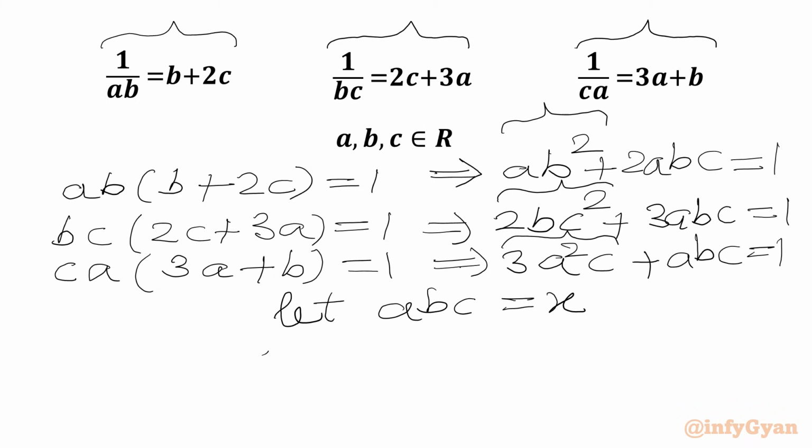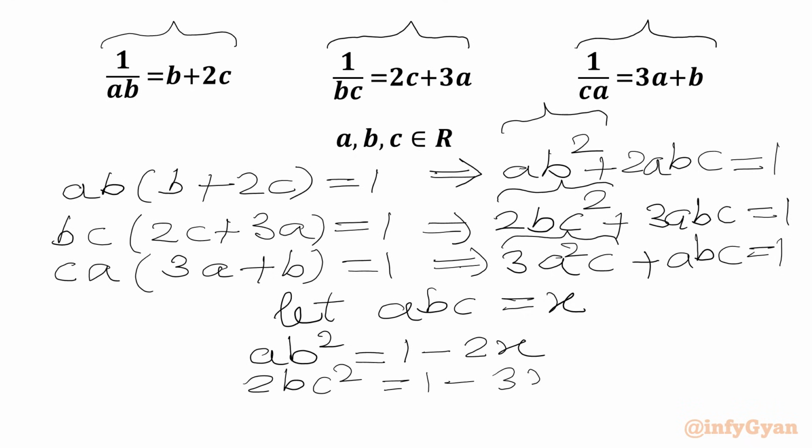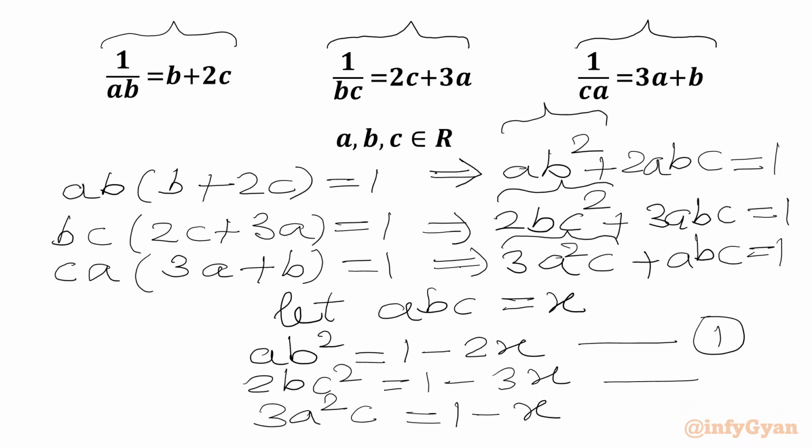We will get ab square will be equal to 1 minus 2x. 2bc square will be equal to 1 minus 3x. Similarly, 3a square c will be 1 minus x. Now we will call this first, this second, and this third equation.